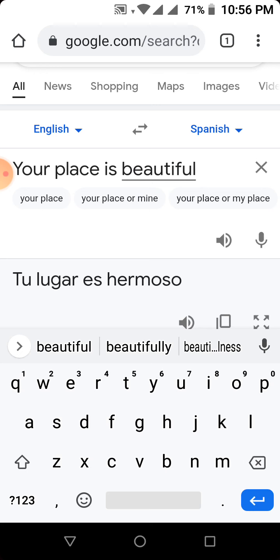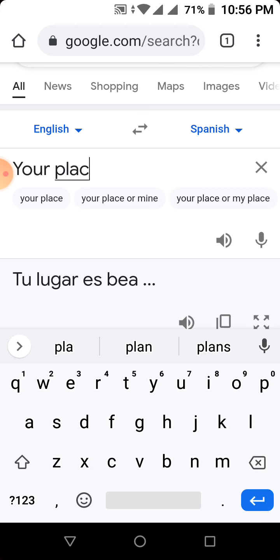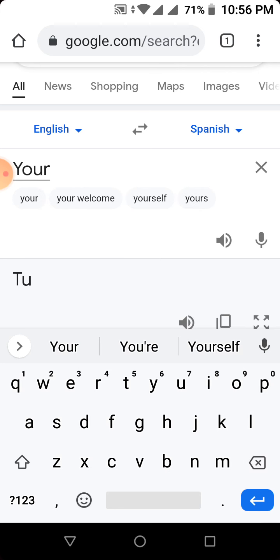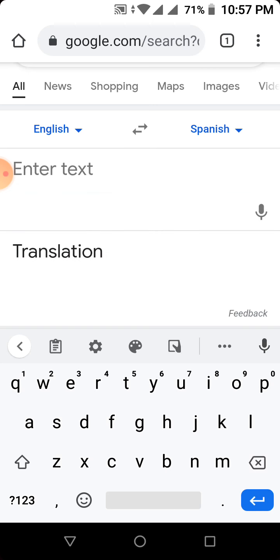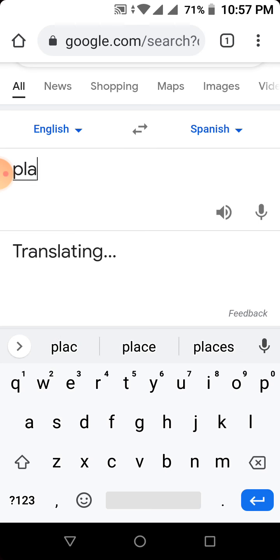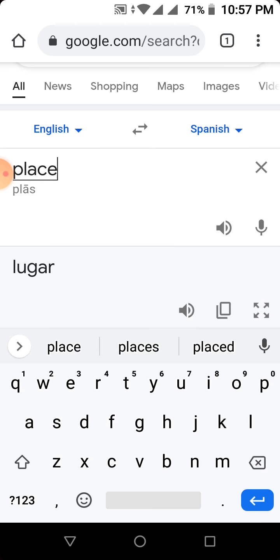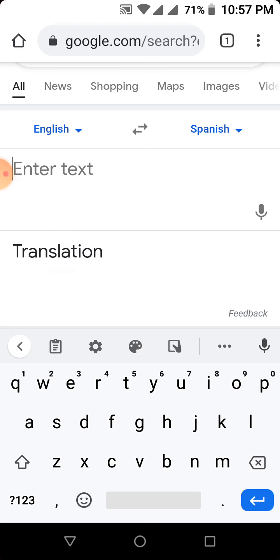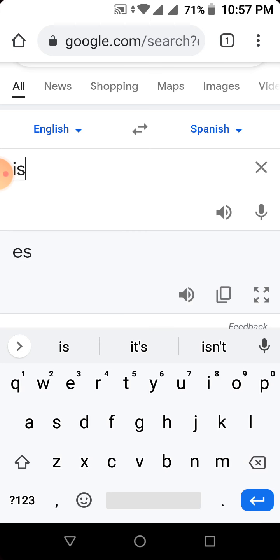So after writing down the translation of your place is beautiful, I'm going to get the translation again of each word. I'm going to write down the translation of your, and then type place, and then is, and then beautiful.